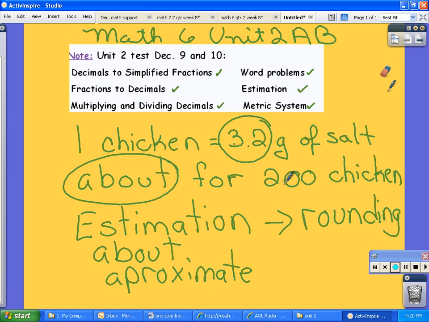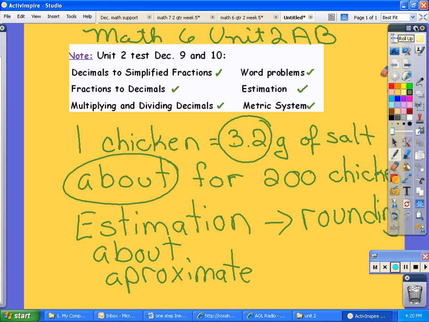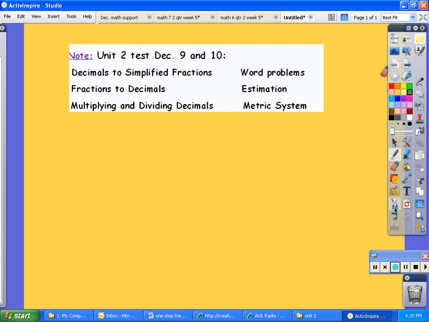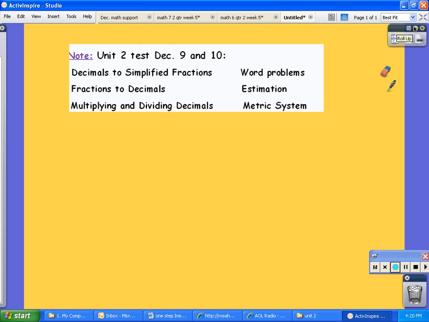Okay? All right. Let's see, some other things. So we talked about estimation and the metric system. A couple of word problems. For example, I want to make pillows, and for one pillow you need 2.5 yards of fabric.